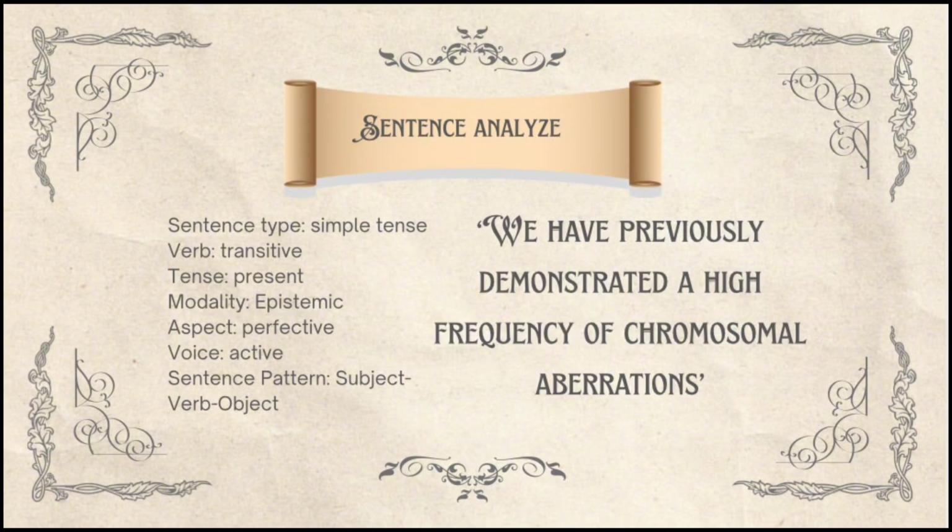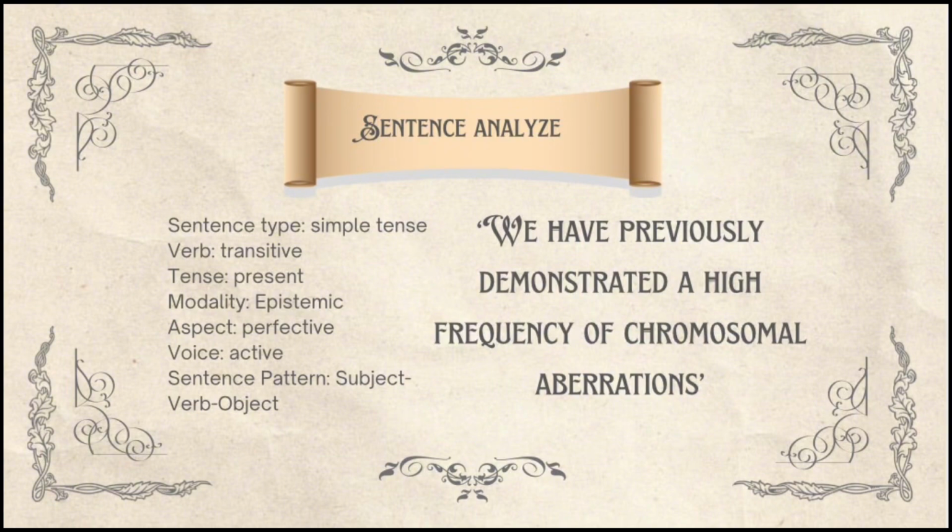of chromosomal aberrations. The type of the sentence is a simple tense. The verb is transitive, the tense is present, the modality is epistemic, the aspect is perfective, the voice of choice is active, the sentence pattern is subject verb to object.